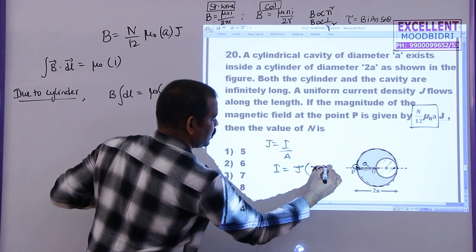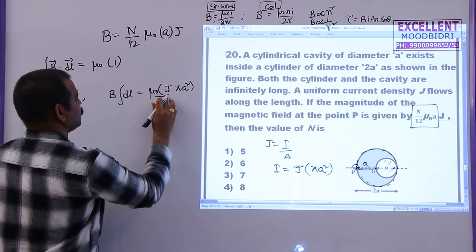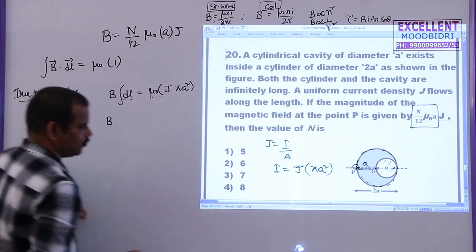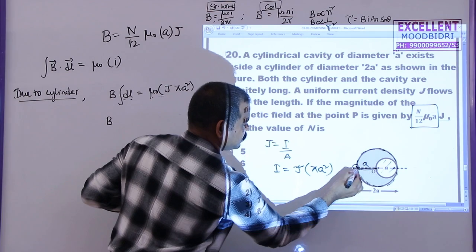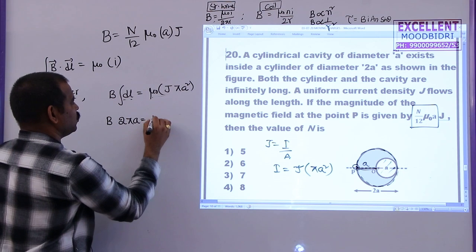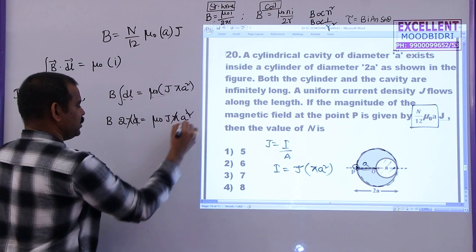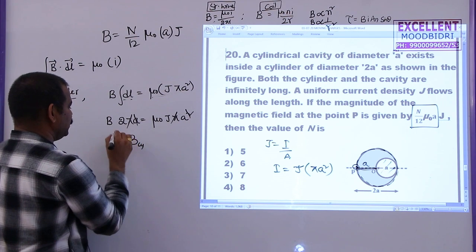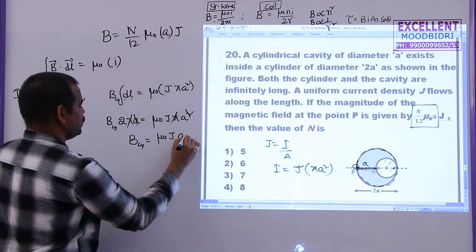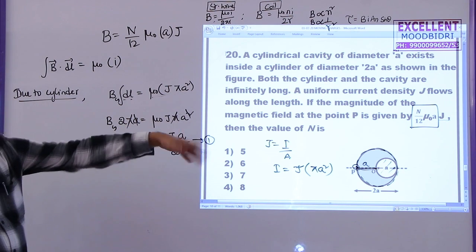Radius is a, this is pi a square. So let me write this as J pi a square. Now this is B into the circumference of the circular path. As the radius is a, the circumference is 2 pi a. So this is 2 pi a is equal to mu naught J pi a square. This pi and pi get cancelled, a and a get cancelled. The magnetic field due to the cylinder is given by mu naught J a by 2. This is equation 1. So this is the magnetic field due to the entire cylinder.